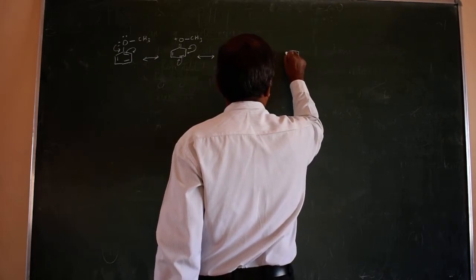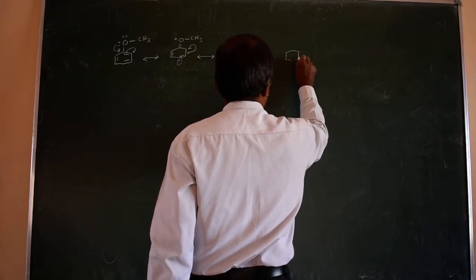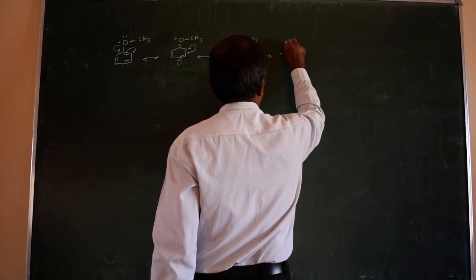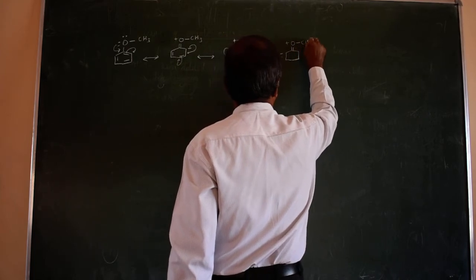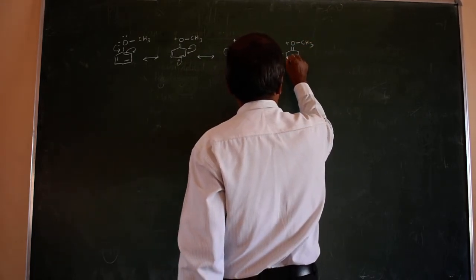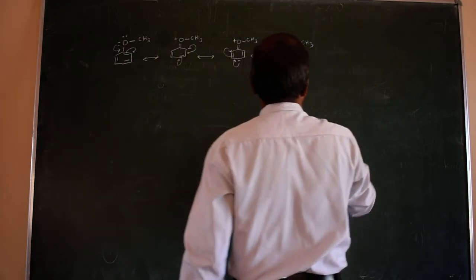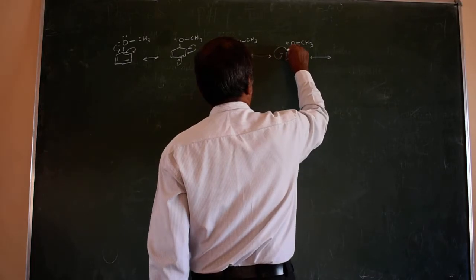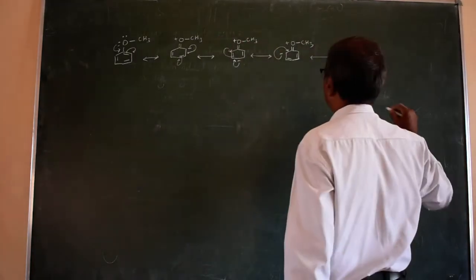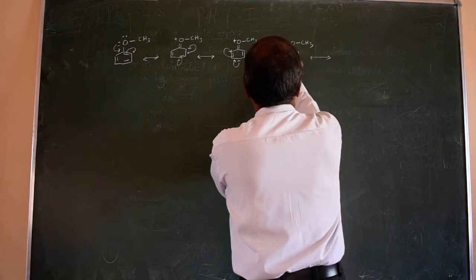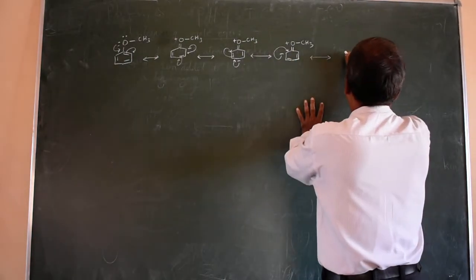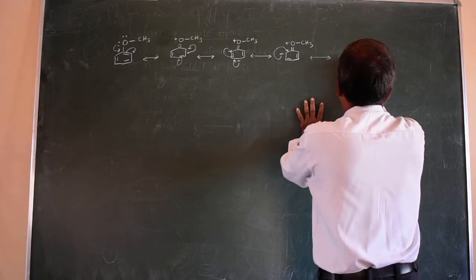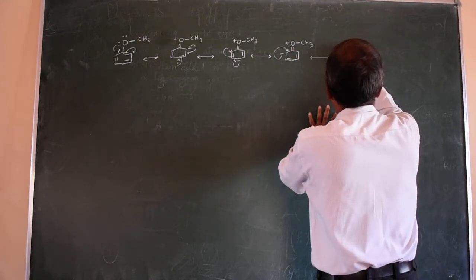This electron moves here, and the pi electron pair on that carbon. So we have a negative charge on this carbon, double bond, O plus, then we have CH3, double bond here, double bond here. Now again there is movement of this electron pair between this carbon.